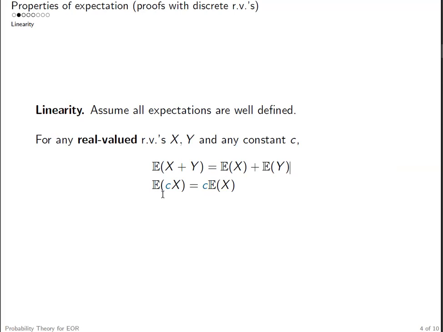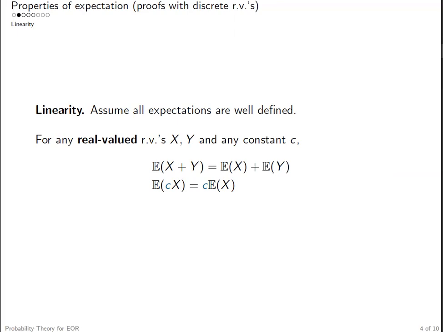And the expected value of this random variable cX. cX is a new random variable generated from X by multiplying c with X. The expectation of this new random variable cX is equal to c times the average value of X.